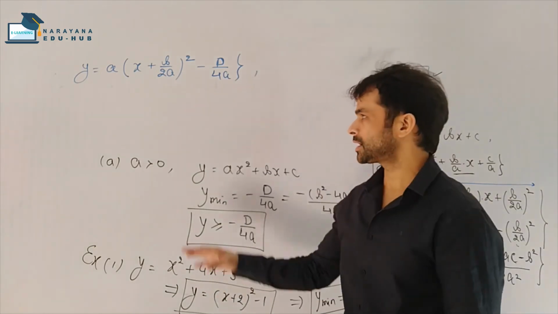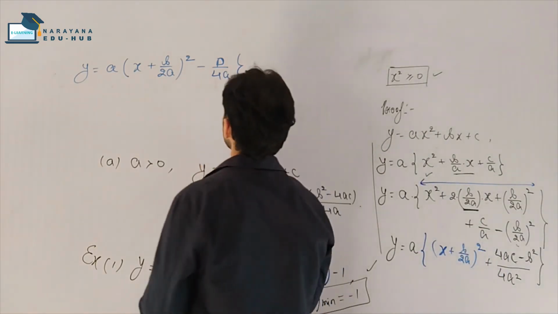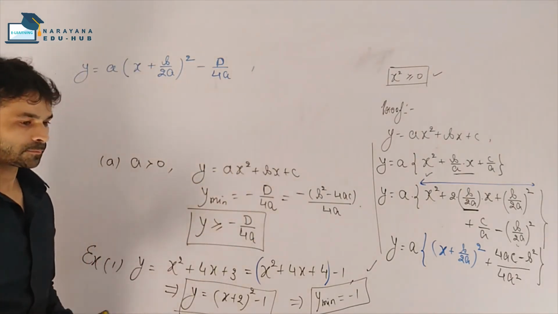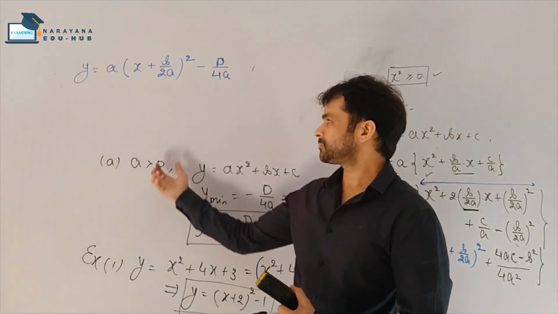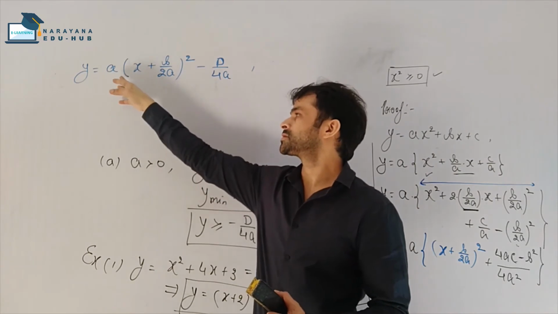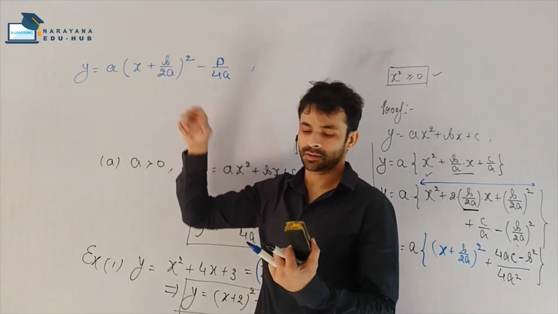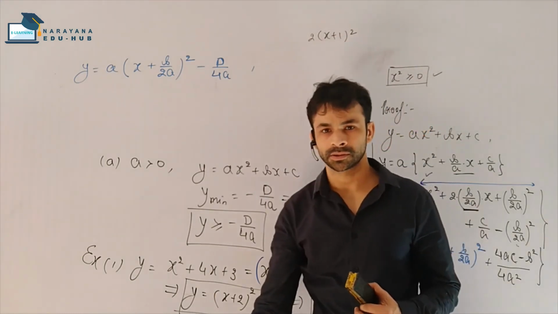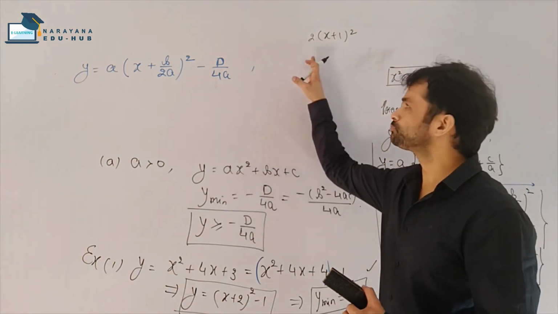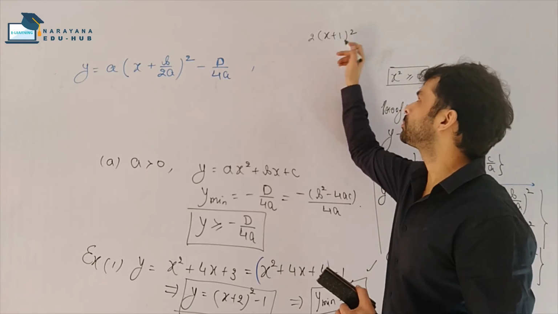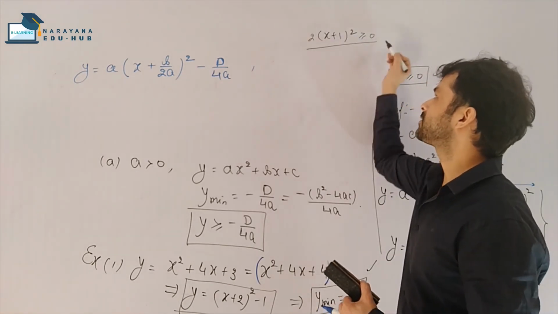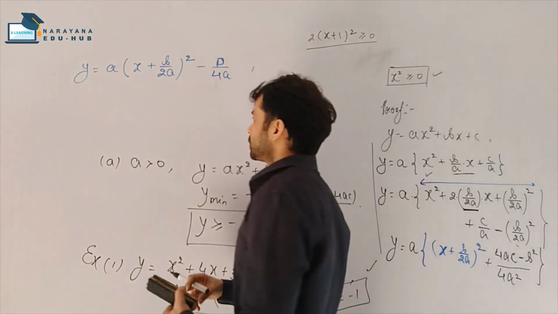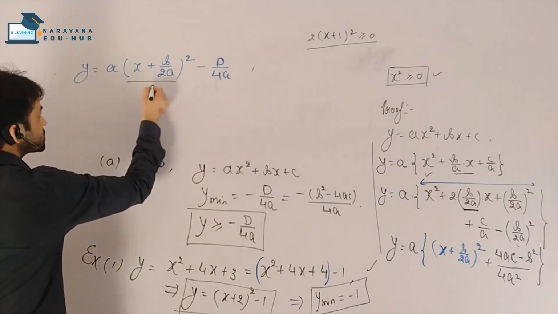So y has become like this. No use of this bracket. Again, because this is the first case where a is positive, this is some positive number into a square, like 2x square, or 2 into x plus 1 whole square. So the minimum value of this thing will be 0, as we have discussed, when x plus 1 is 0. So the minimum value of this whole thing is 0.